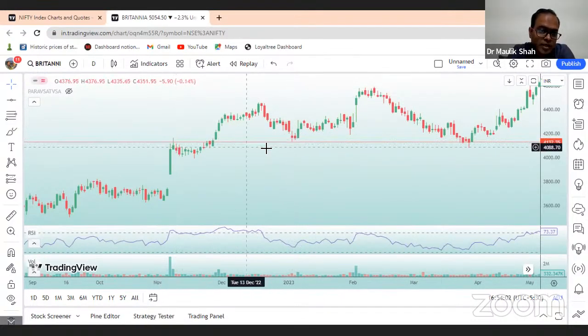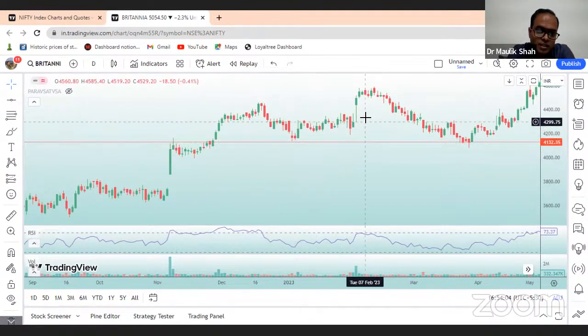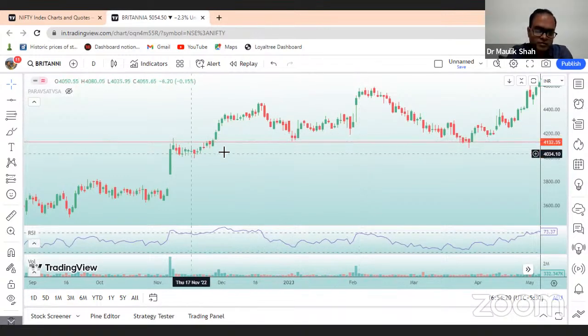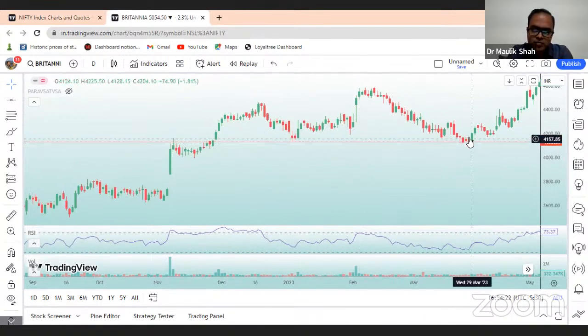So this supply became demand over here. In a second, the price moved up. This has affirmed to me that this is probably the level where the stock will be turning bullish. This level will become a support, and here the price has taken a support.